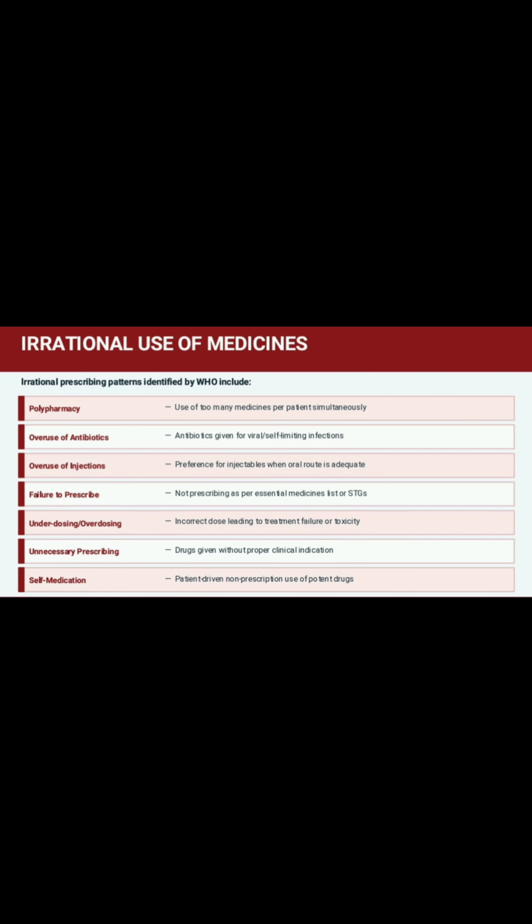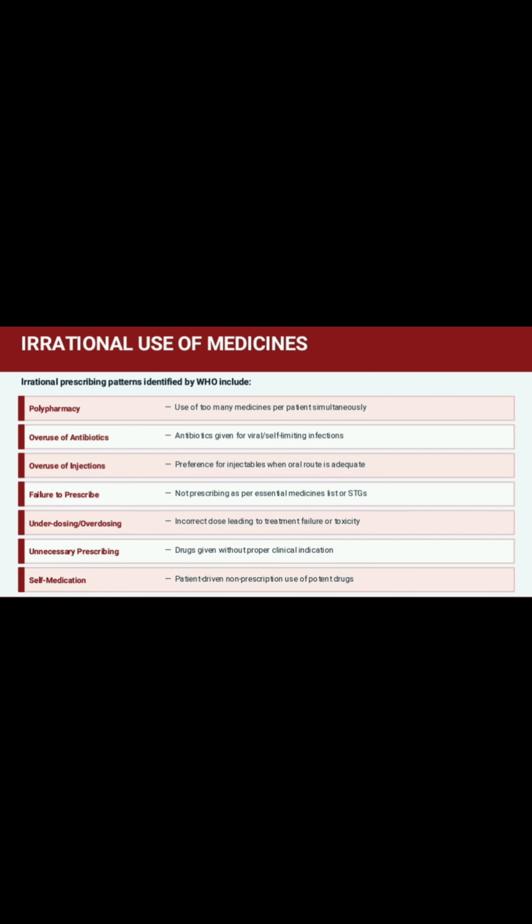Overuse of injections when there is an oral formulation; when an oral formulation is more appropriate, there is no use of injections. Failure to prescribe the drugs in accordance with clinical guidelines, not prescribing as per standard treatment guidelines. Standard treatment guidelines are there. Prescribers should prescribe the drugs in accordance with standard treatment guidelines.